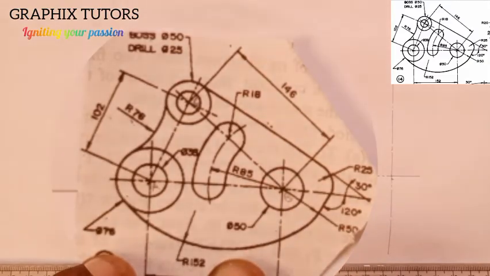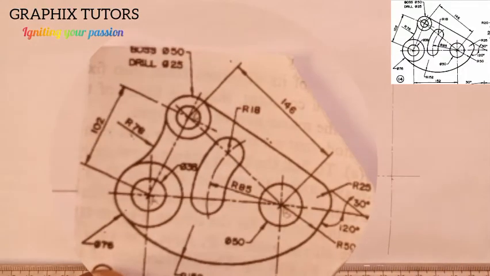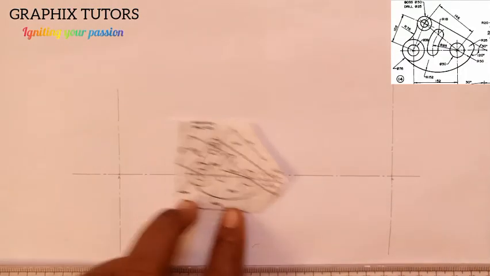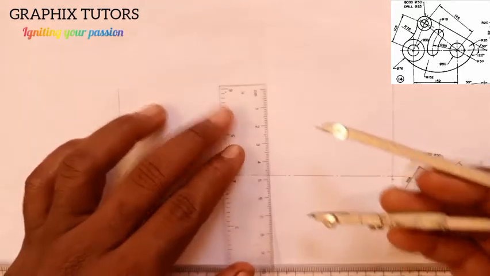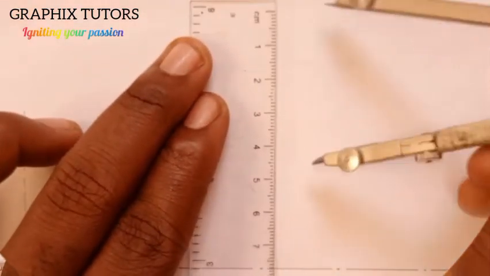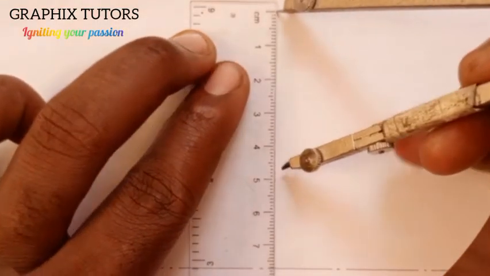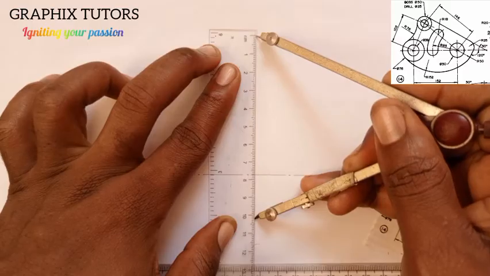So you take your meter rule and measure 102 this way, from 0 to 100, and this is 102 here, right?